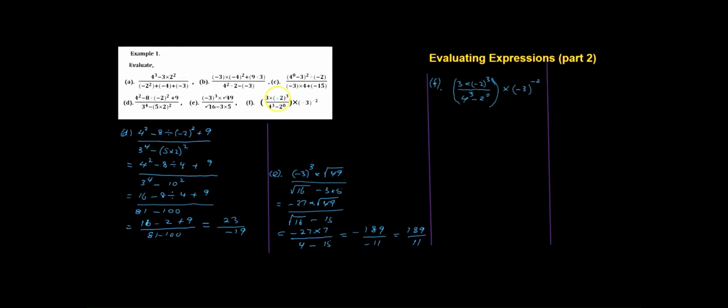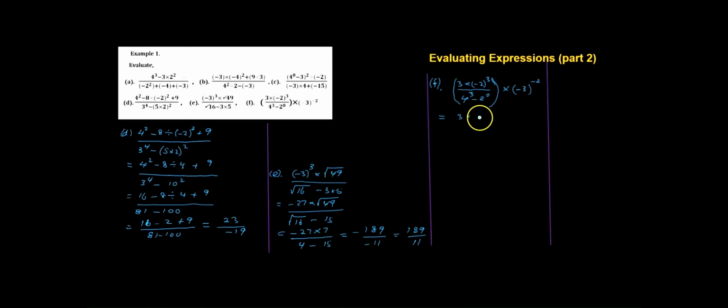Let's do part F. This contains brackets, exponents, multiplications, and subtractions. First, calculate what is inside the brackets. In this expression, we get 2 to the power 0 in the denominator.